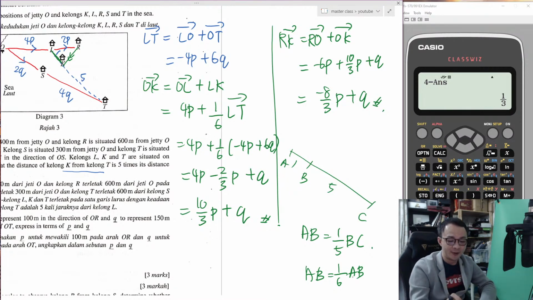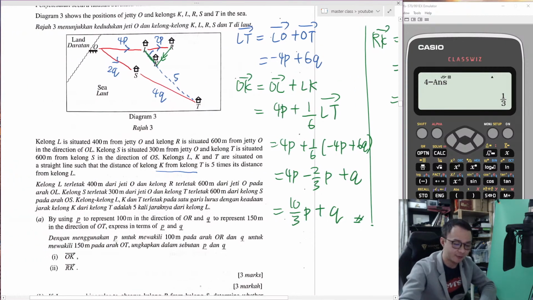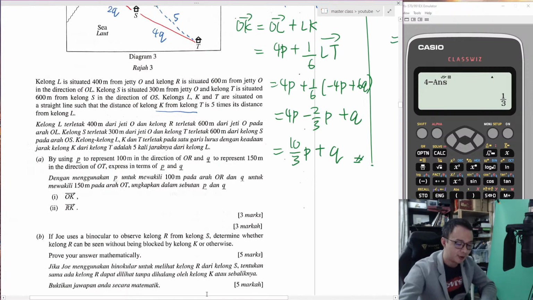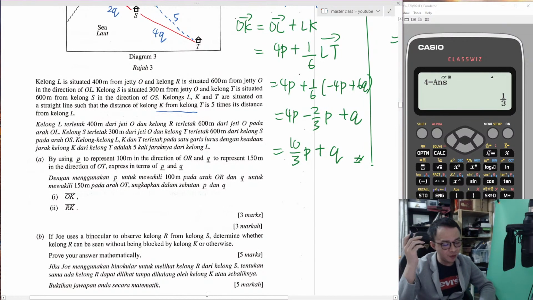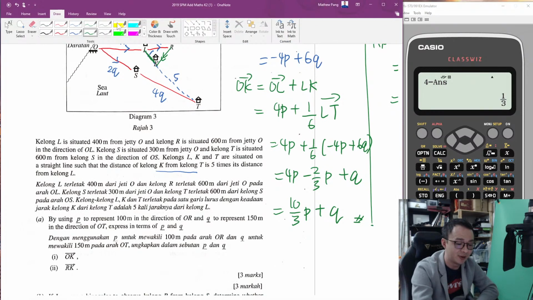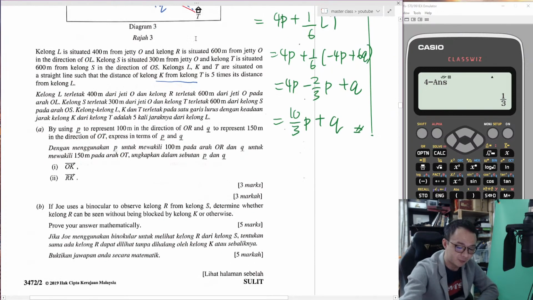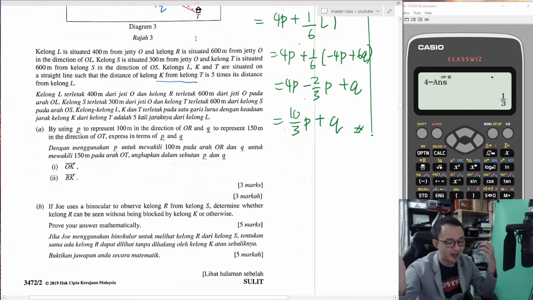Alright, so after we are done already, we get 3 marks here. Well, I guess we haven't finished. Okay, if you use the binocular to observe the R from S, which is somewhere here, determine whether the R can be seen without being blocked by K or otherwise.